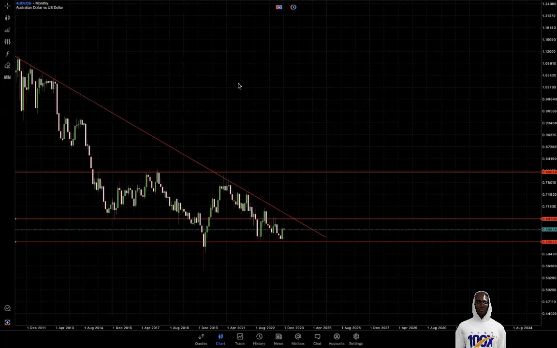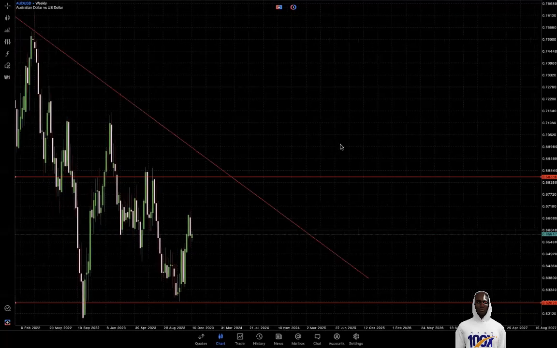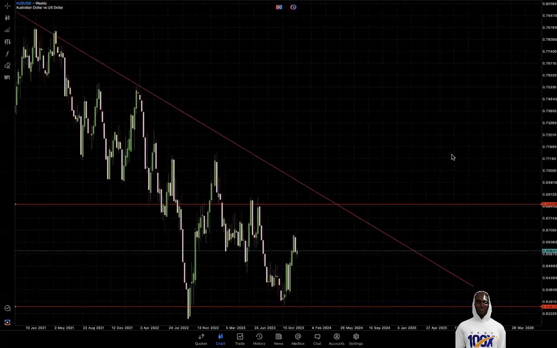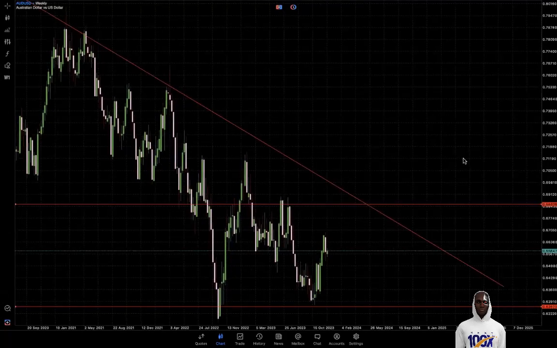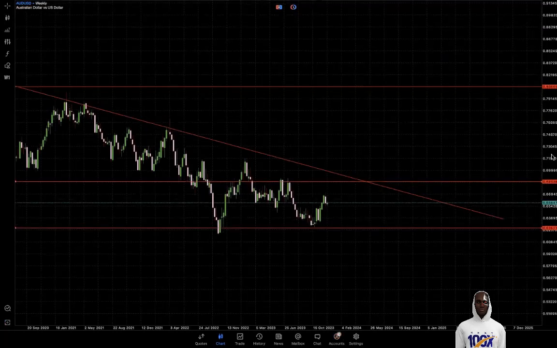For more clarity, we go to the weekly time frame, because we need to see what is currently going on there. When we look at the weekly time frame, we get to see more clearly.